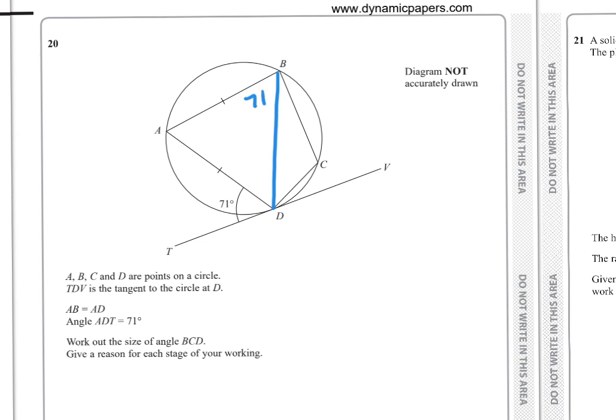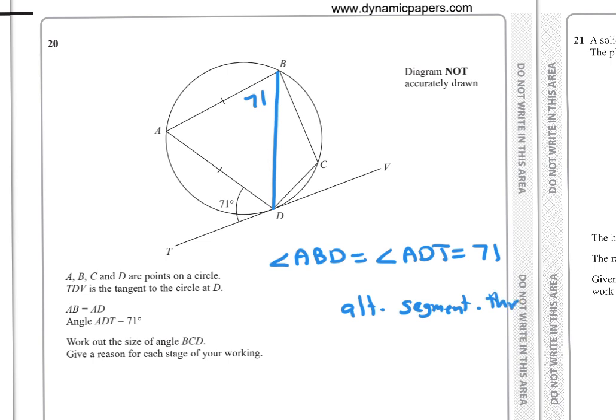So first, angle ABD equals angle ADT equals 71, alternate segment theorem. Now this is an isosceles triangle, so if this is 71, this is also 71, because isosceles.